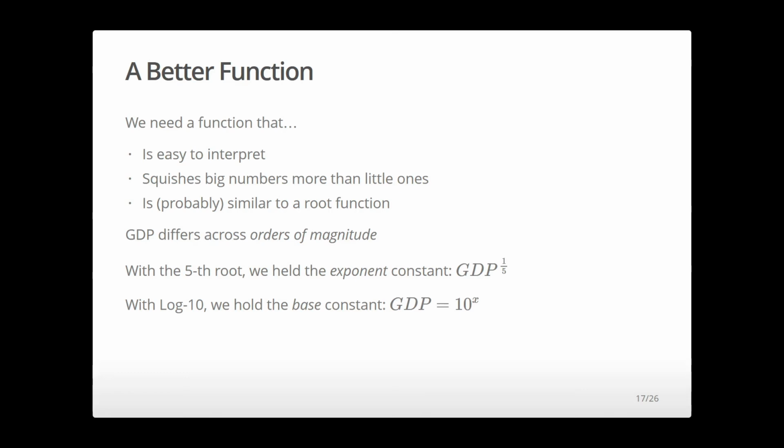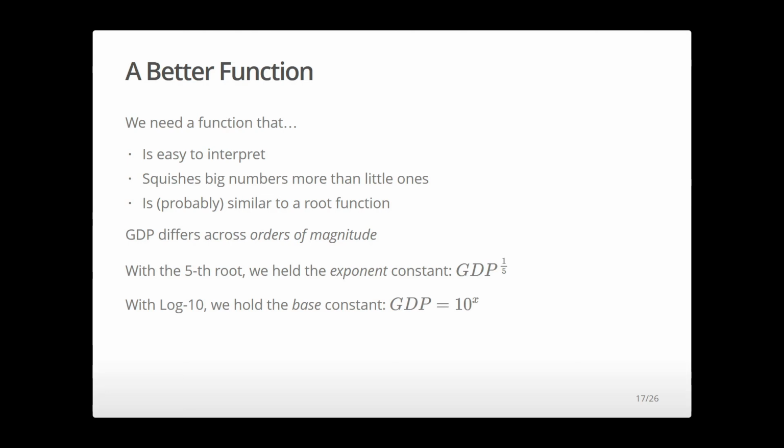Countries with GDPs in the single-digit billions are probably really similar, and countries with GDPs in the double-digit billions are probably also very similar. But those two groups are very dissimilar from each other. So we need some function that extracts information about the order of magnitude. It turns out that the log function does just that.